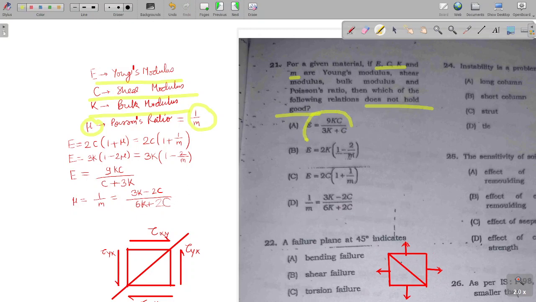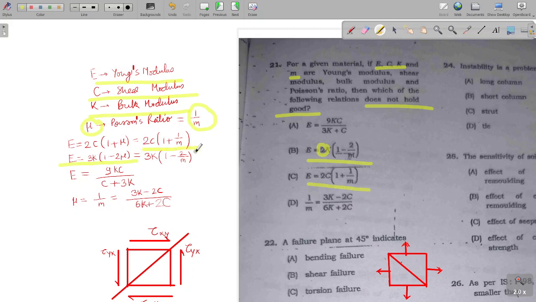So 9KC upon 3K plus C, that's right. Then this one, E is equal to 2K into 1 minus 2 by m, I think this is wrong. Here there should be 3K, like I have shown you: E is equal to 3K into 1 minus 2 mu. Then option C is E is equal to 2C into 1 plus 1 by m.